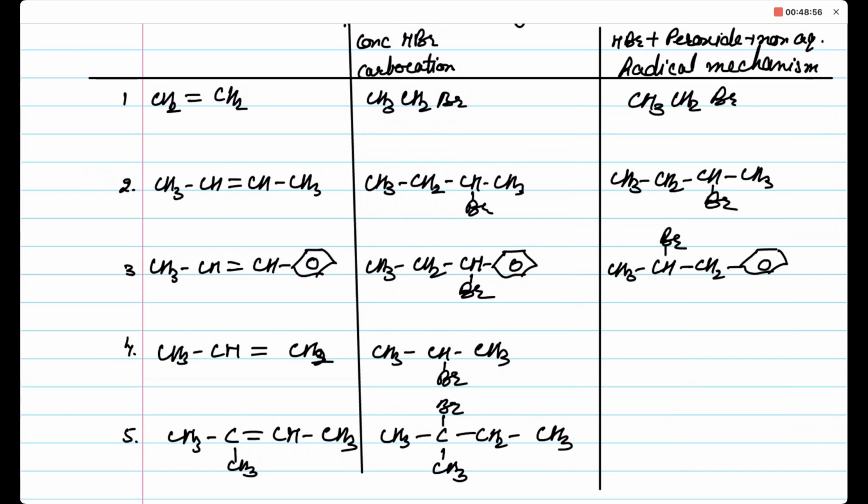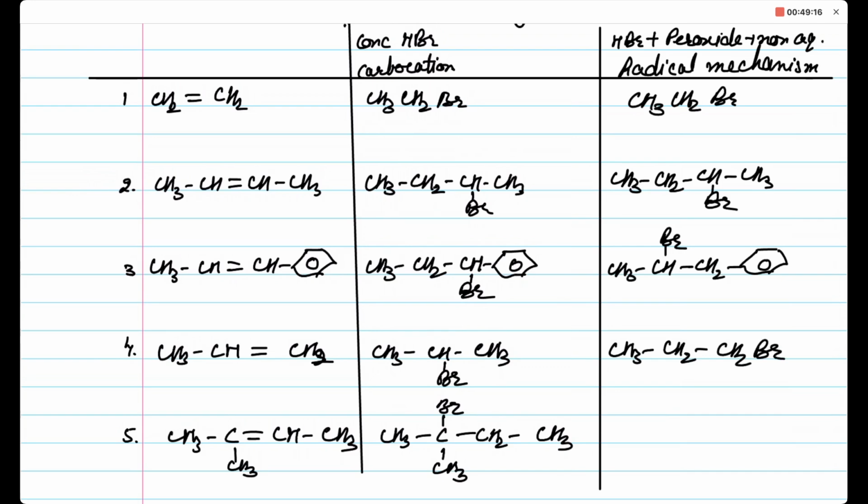So the first and second compounds are the same, whether the mechanism is a radical mechanism or carbocation mechanism, since they are symmetric alkenes, it doesn't make a difference. But in the third case, the major product is different in the two mechanisms. In this case, CH3CH2CH2Br would be formed.